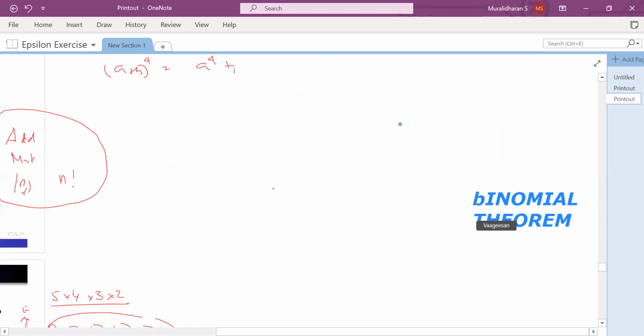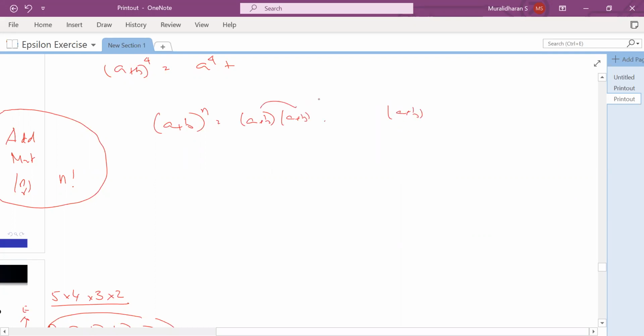So what happens is that if I take a plus b whole power n, I have a plus b into a plus b, etc. up to a plus b. I have n factors here. And then suppose I want the coefficient of a power r into b power n minus r. I have to choose r of these factors and take a from them, and the remaining will be b.